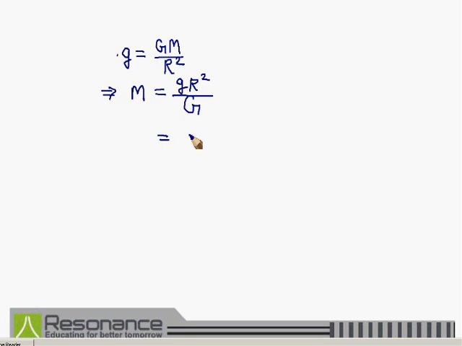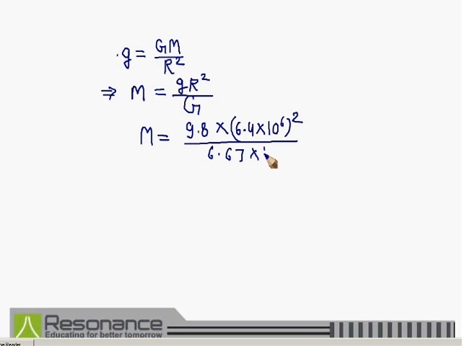Now putting the values of g, R and capital G, we get M equals 9.8 meter per second square into (6.4 into 10 raised to power 6) whole square upon 6.67 into 10 raised to power minus 11.